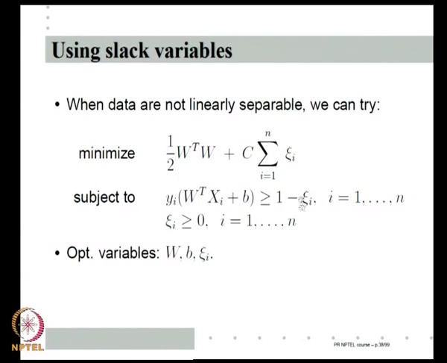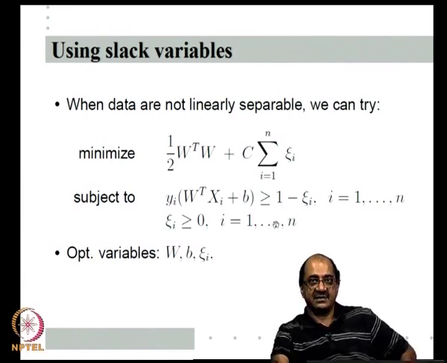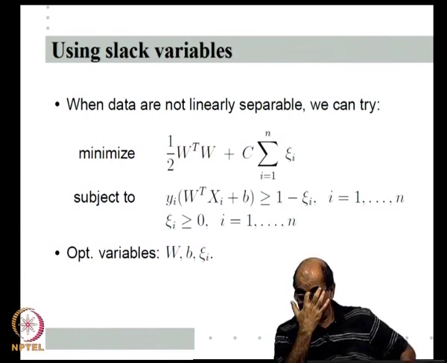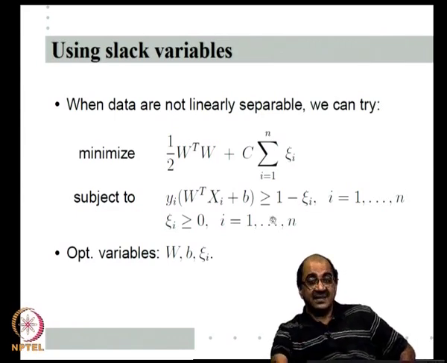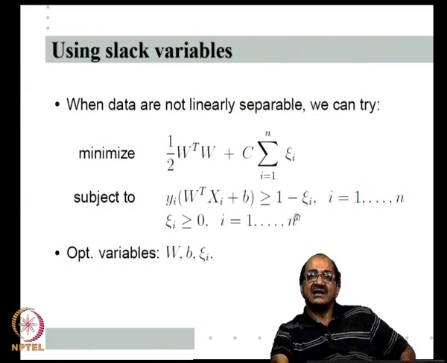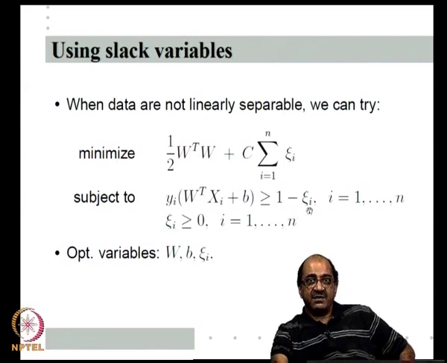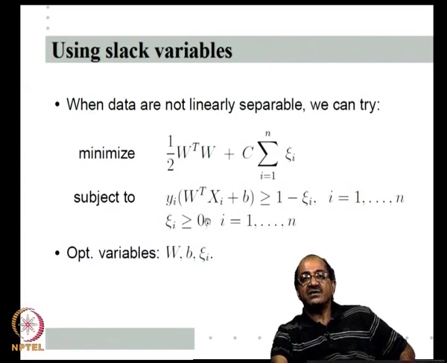So, I am not getting the optimal separation, because we wanted so much separation. We didn't want any training pattern between W transpose x plus b equal to plus 1 and minus 1. That much separation I am not getting if xi is greater than 0. But if xi is greater than 1, that means the sign is changing, which means I am not even classifying it correctly. That is how xi measures the extent of violation.